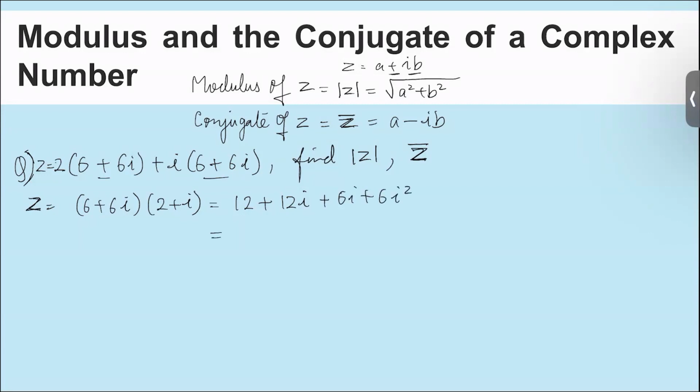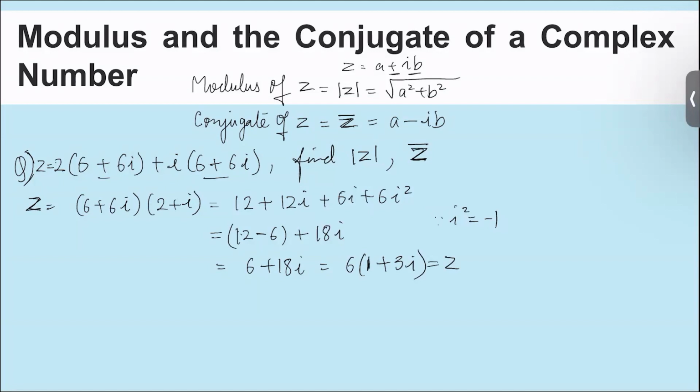Since we know that i squared is equal to -1, this will be 12, and this becomes -6, and then this will become plus 18i. So what we are left with is 6 plus 18i. If you further simplify it, taking 6 outside, 6(1 + 3i). So this is your z.